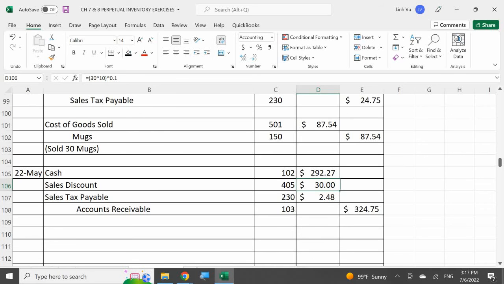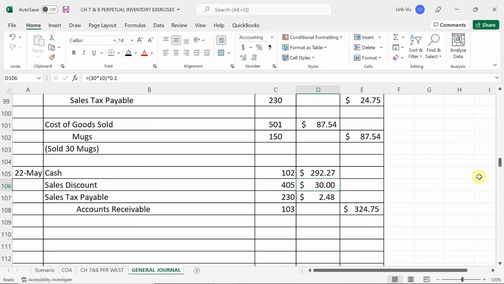So customer B isn't going to pay me in full, and we have to calculate this and adjust the accounts accordingly.